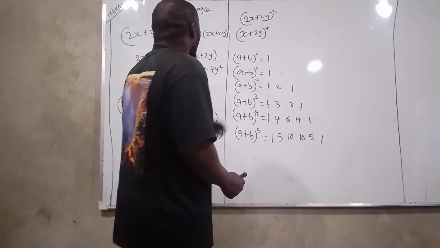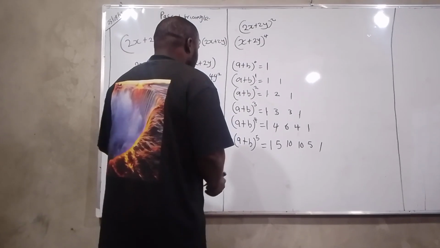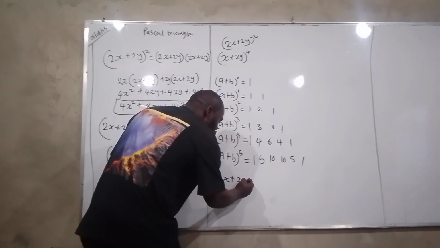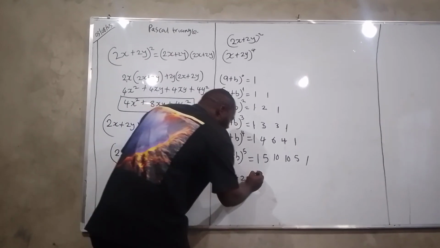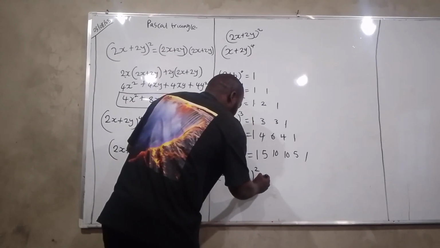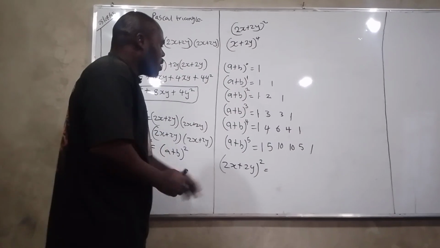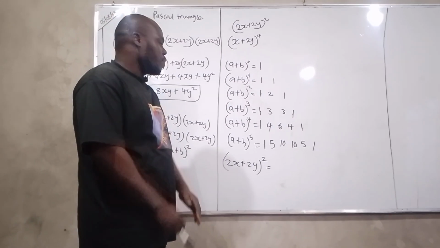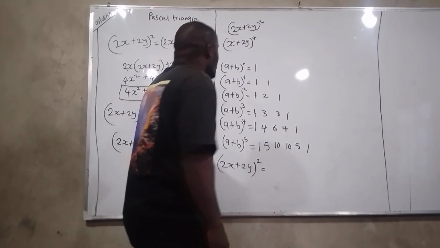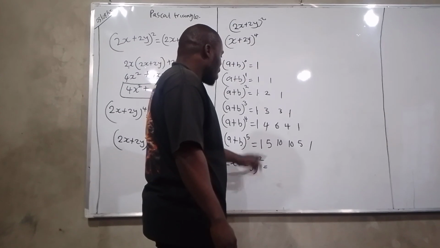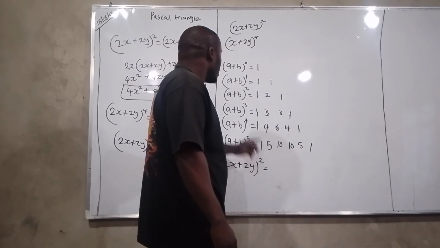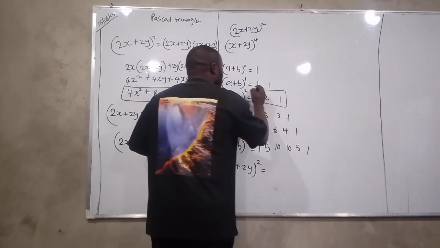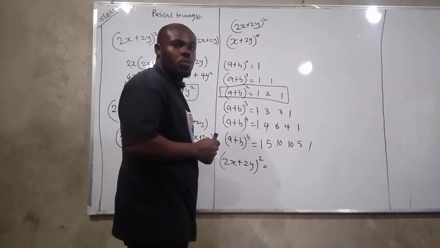Now, coming back to this example, 2x plus 2y raised to the power of 2, let's expand this using our Pascal Triangle. The highest power here is 2, so let's take row 2.